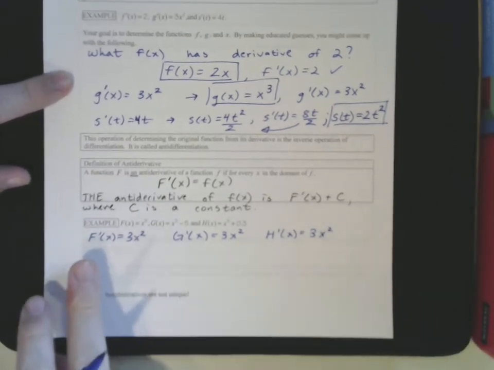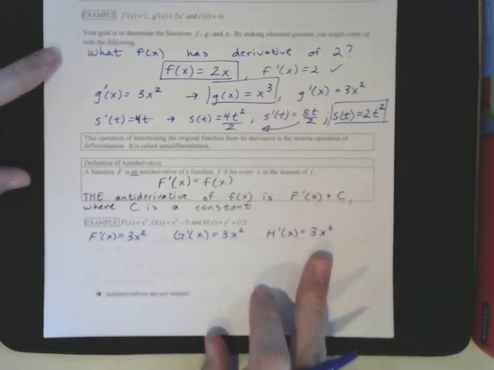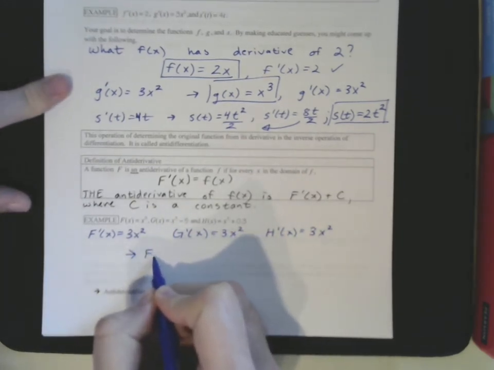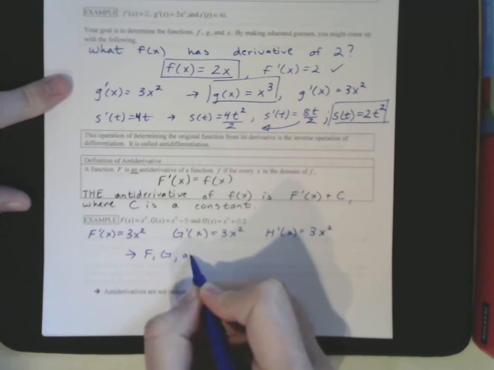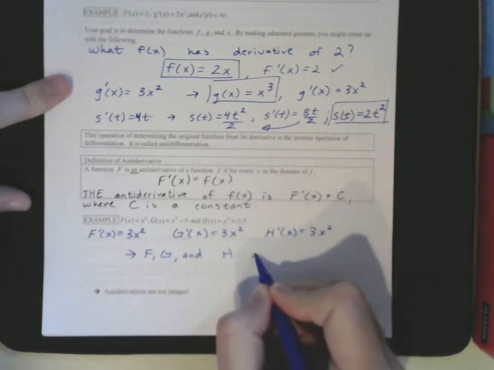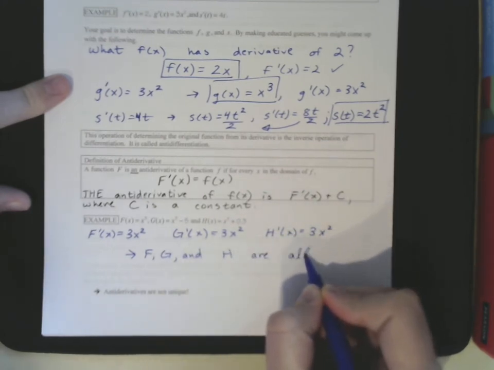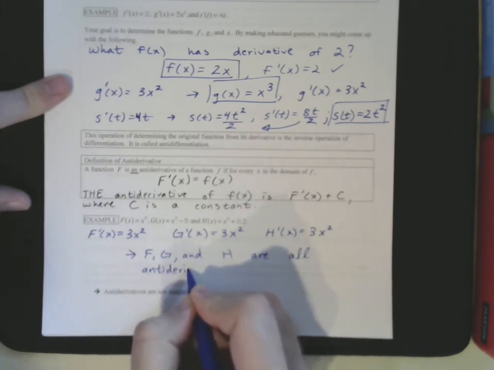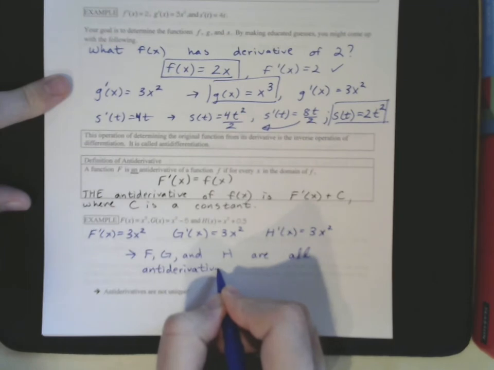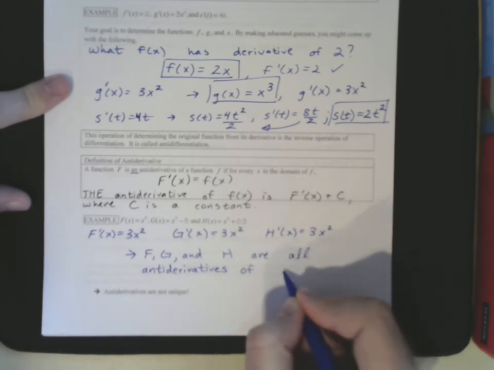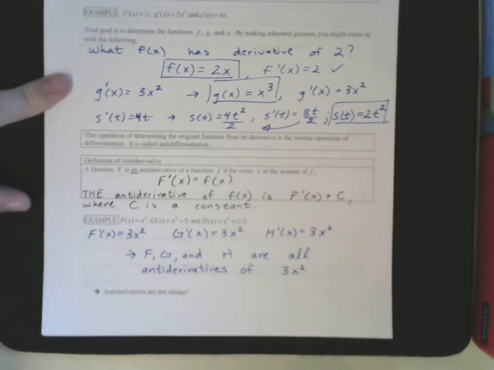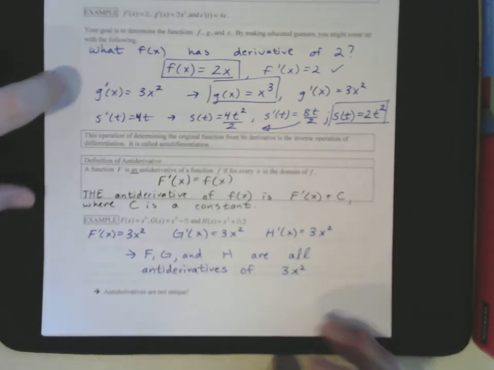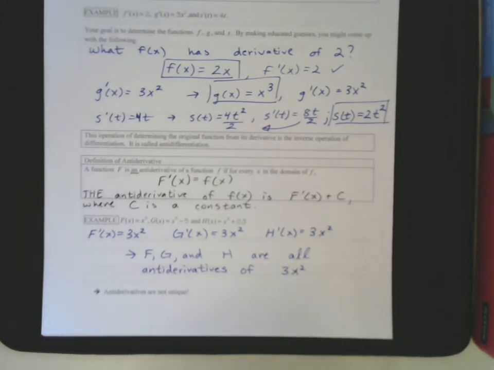So you can see that all 3 of these have the same derivative, which means that f, g, and h are all antiderivatives of 3x squared, because when we take the derivative of each of them, we get 3x squared.